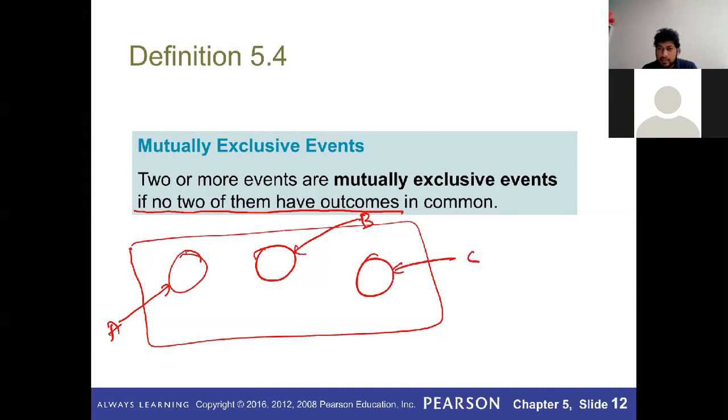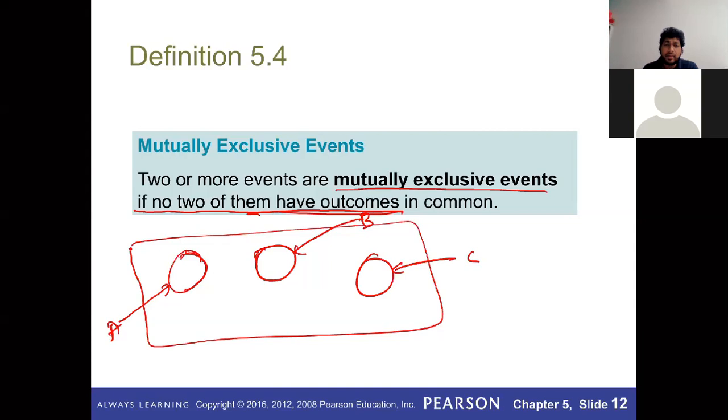I have three events, and you can see that there are no common spaces or common outcomes among these events, between A and B, or A and C, or B and C. So we call them mutually exclusive.